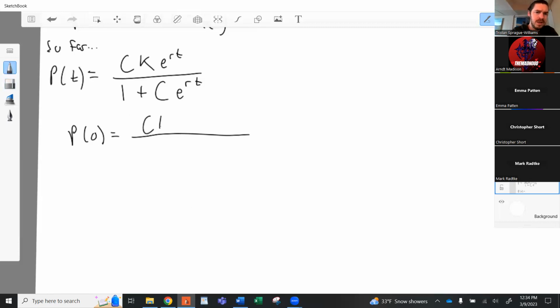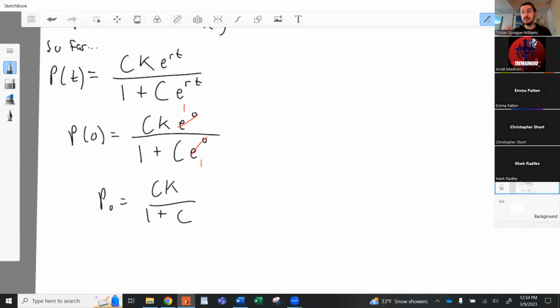C K e to the power 0 over 1 plus C e to the power 0. The e to the power zeros are both just equal to 1. That's a 1, and that's a 1. So this basically gives me the formula: the initial population is CK over 1 plus C, right?